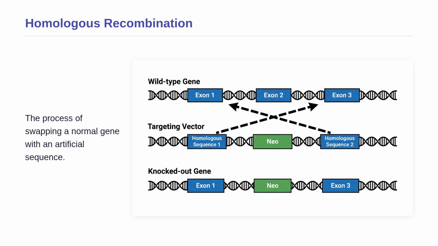Notice how the targeting vector has homologous sequences that match the ends of the wild-type gene, but the middle section contains a new neo gene instead of exon 2. The dashed arrows show the crossing over event during homologous recombination. Finally, at the bottom, we see the resulting knocked-out gene. The normal exon 2 has been replaced by the neo sequence, breaking the original gene and rendering it non-functional.